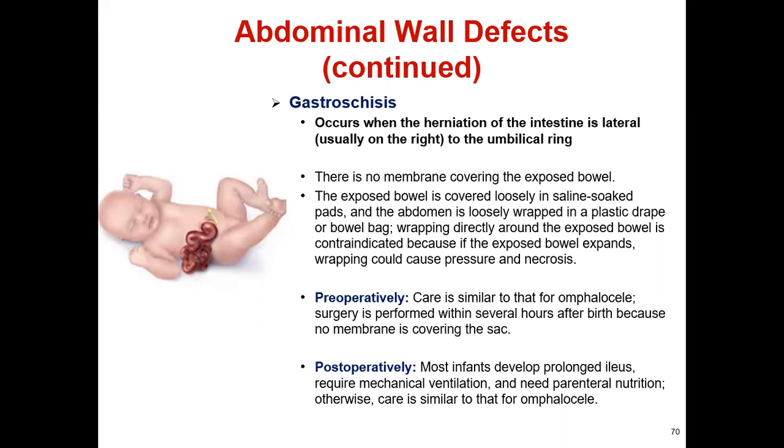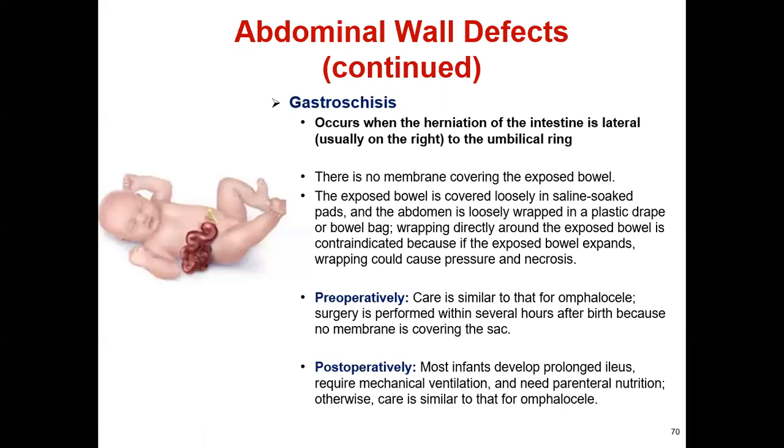If you go check for lab work or diagnosis, prenatal ultrasound can help. Clinical examination can help. The management is surgical closure of the defect. IV fluid and electrolyte balance are important, antibiotics are important, and a nursing care plan.